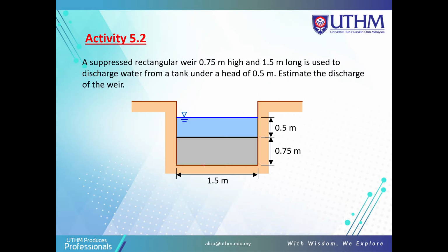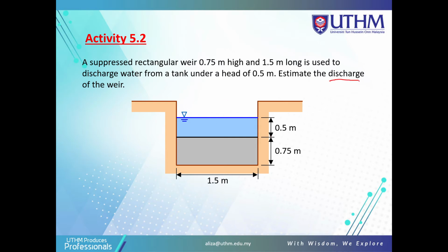Example, activity 5.2: a suppressed rectangular weir 0.75 meter high and 1.5 meter long is used to discharge water from a tank under a head of 0.5 meter.